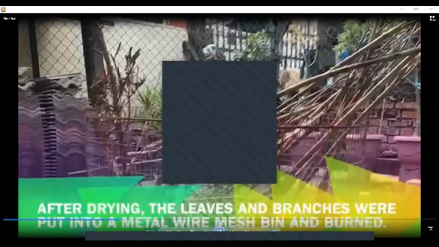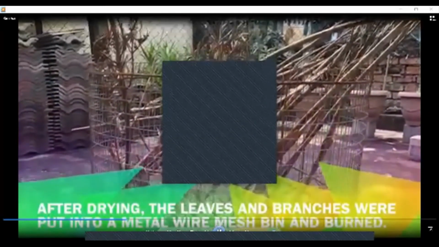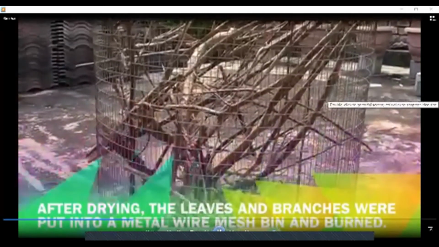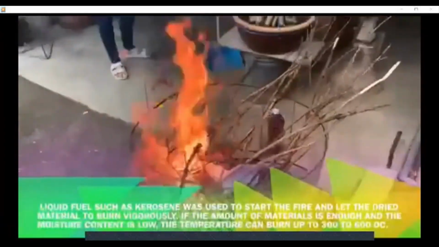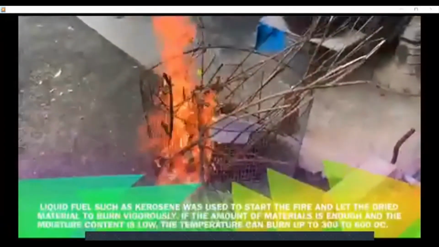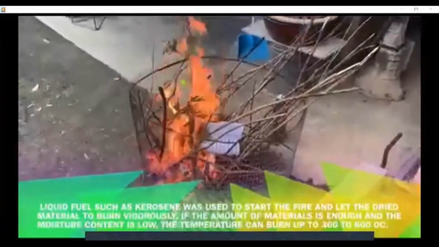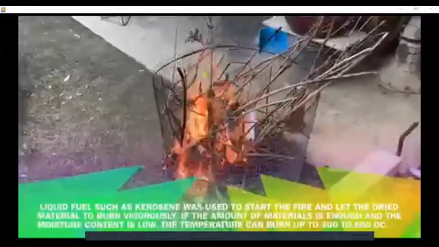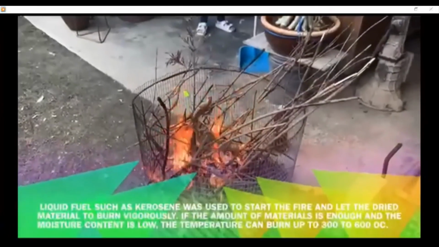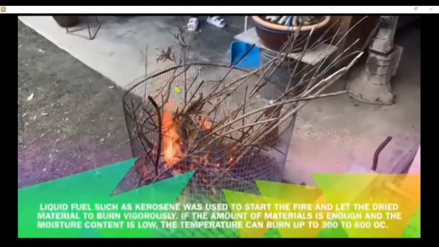After drying, the leaves and branches were put into a metal wire mesh bin and burned. Liquid fuel such as kerosene was used to start the fire and let the dry material burn vigorously. If the amount of materials is enough and the moisture content is low, the temperature can burn up to 300 to 600 degrees Celsius.